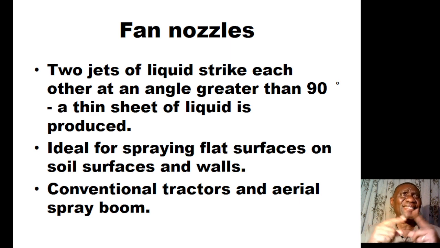First, a thin sheet of liquid is produced. This is ideal for spraying flat surfaces, on soil surfaces and walls. We can put it on the conventional tractors and aerial spray boom. So two jets of liquid strike each other, form a sheet and break into droplets. That's how the droplets are formed.